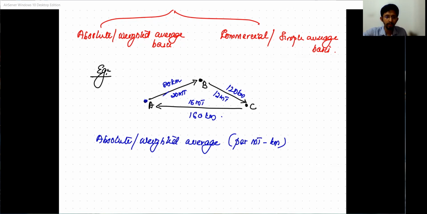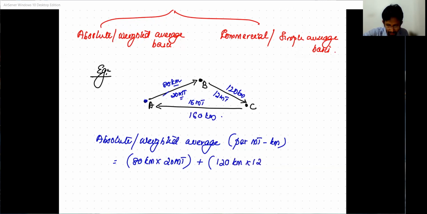You have to multiply the kilometers run with the weight at each location. So from A to B, it is 80 kilometer into 20 metric ton, plus B to C, 120 kilometer into 12 metric ton, plus C to A, 160 kilometer into 16 metric ton.